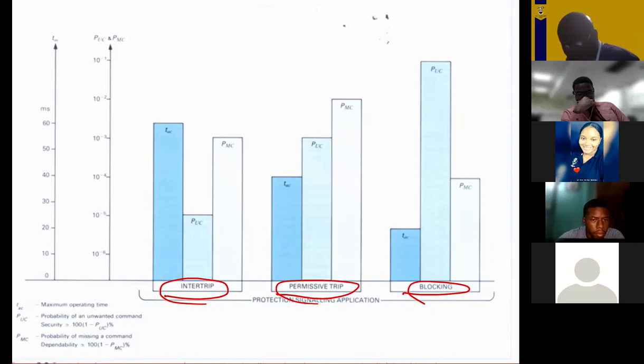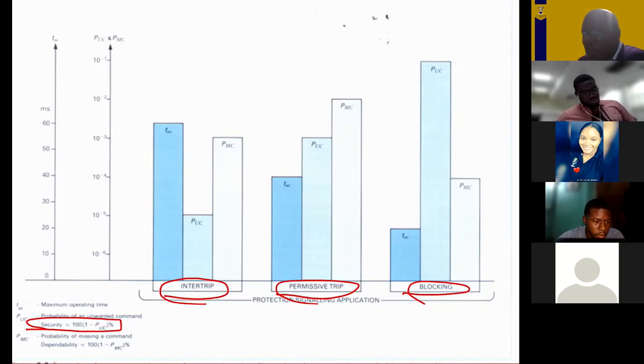So what these graphs are showing you, and I don't know if you can see clearly, but if you look down here, security, remember I said it was just a function of an unwanted signal occurring, right?